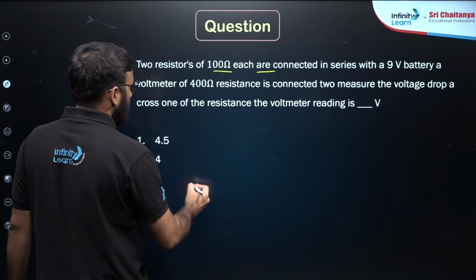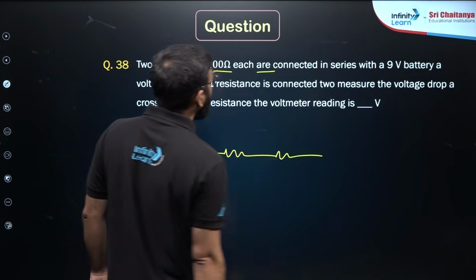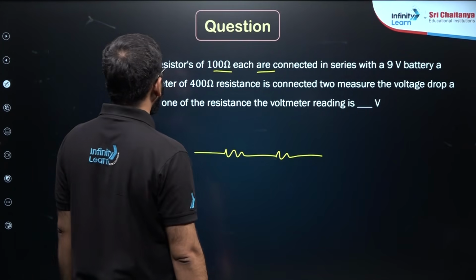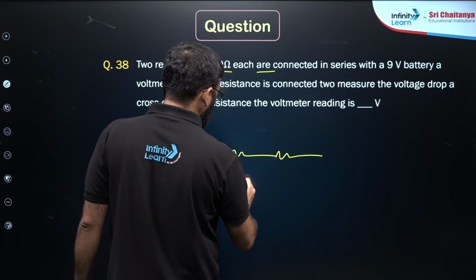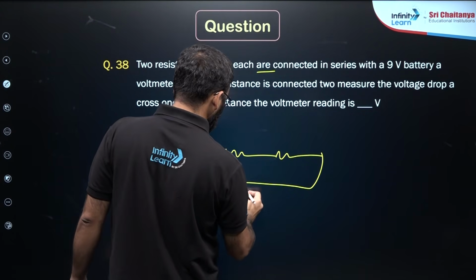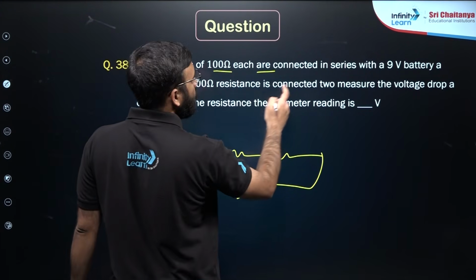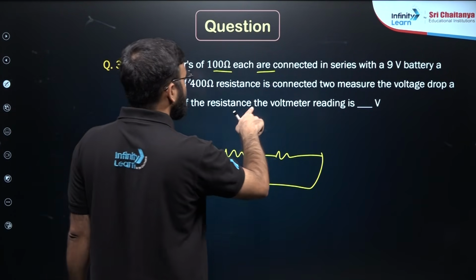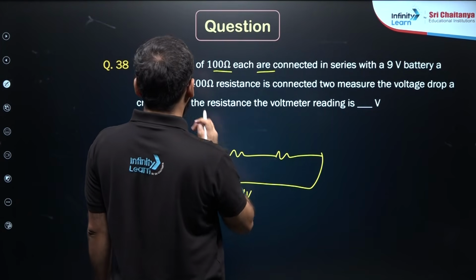So the two resistances are in series, each connected in series with a 9 volt battery, and the voltmeter is connected to measure the voltage drop across one of the resistances, so it is connected in parallel.